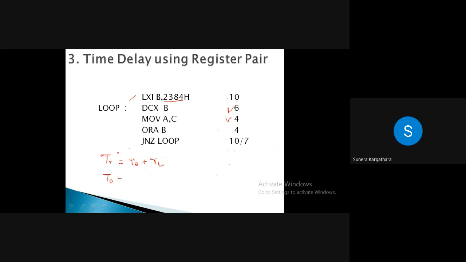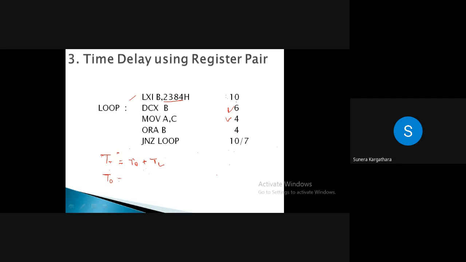Okay, how many T states inside the loop? Yes, 6 plus 4 plus 4 plus 10. So how many T states? 24 T states.